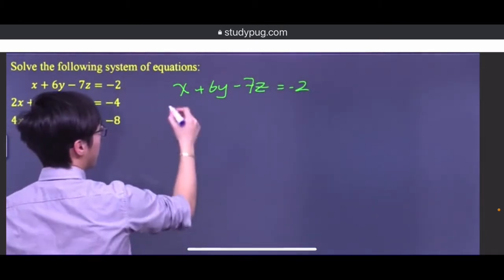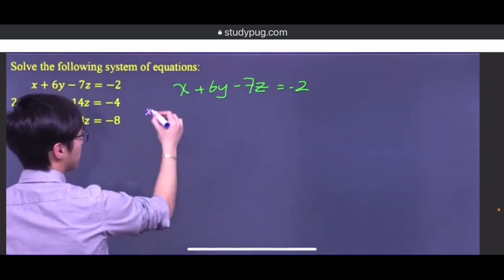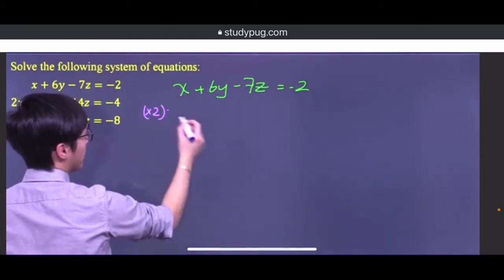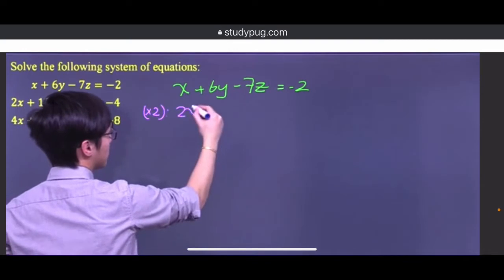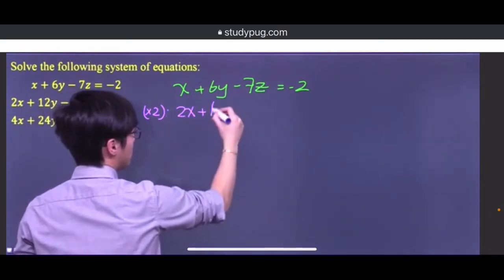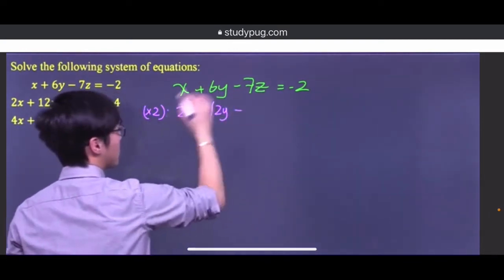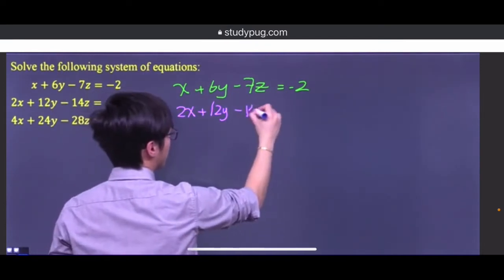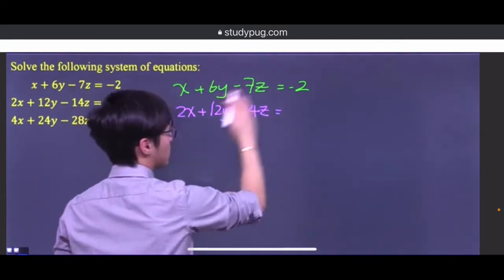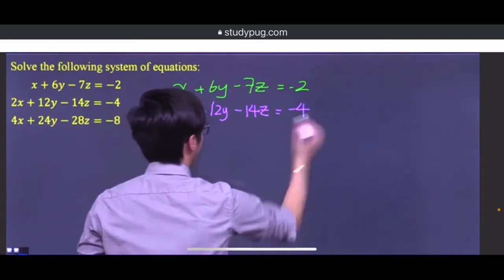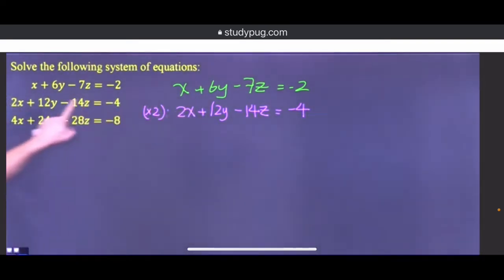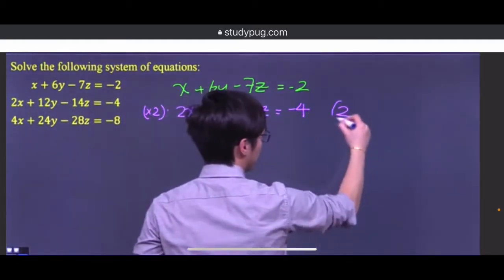If we multiply the whole equation by 2, what do we get? 2 times x, 2x. 2 times 6y, 12y. 2 times negative 7z, negative 14z. 2 times negative 2, negative 4. And you see, it's exactly the same as the second equation over here. So this is the second equation, right?